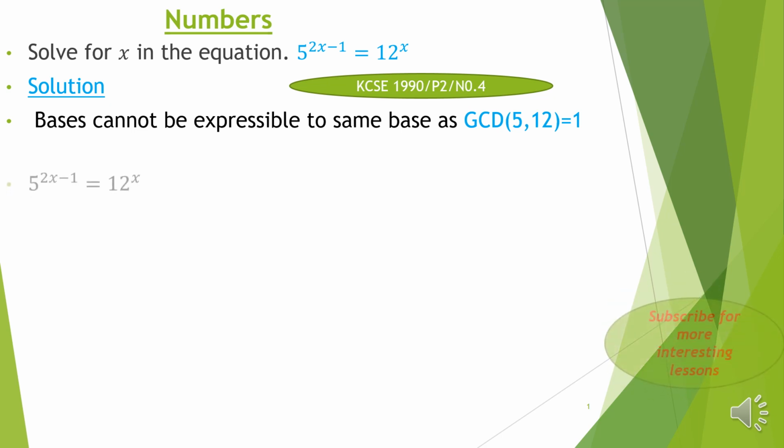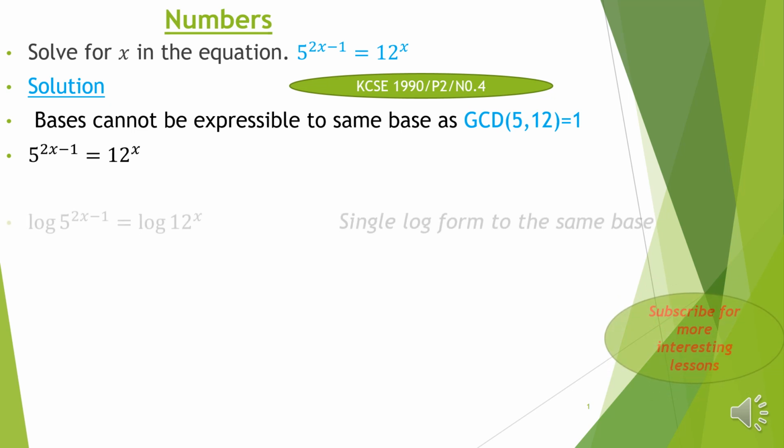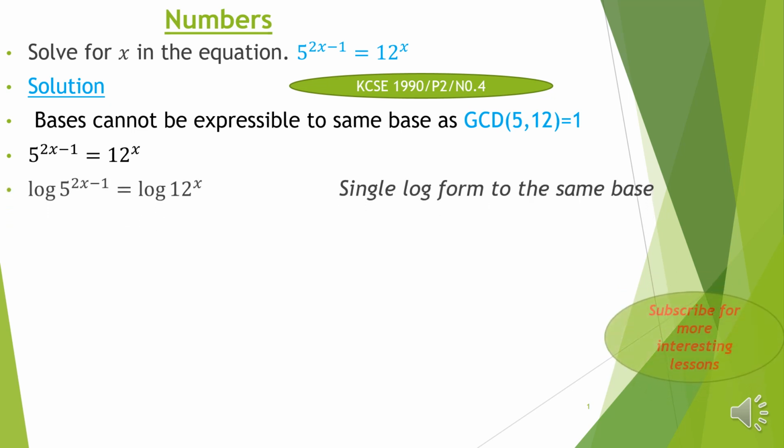Now, if you look at the question, 5^(2x-1) = 12^x, we have agreed that it cannot be expressed to the same base, and therefore we introduce logarithms on both sides, to the same base.